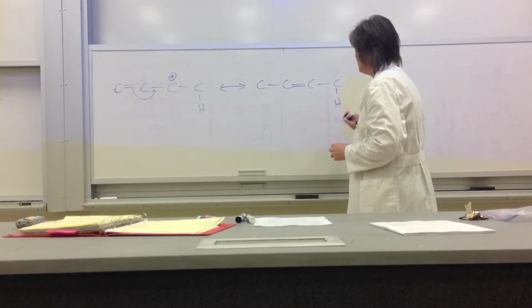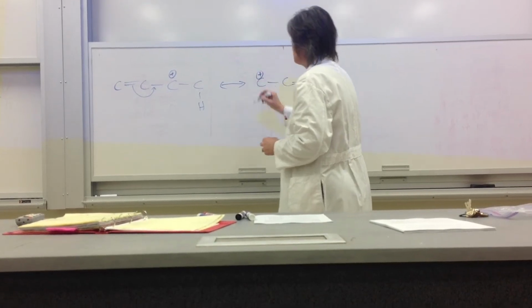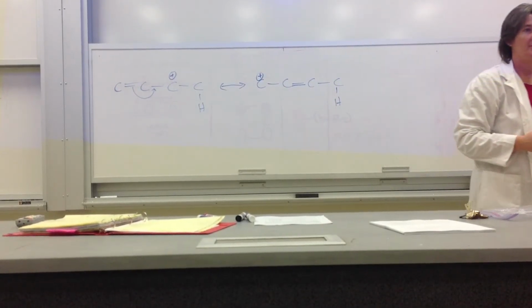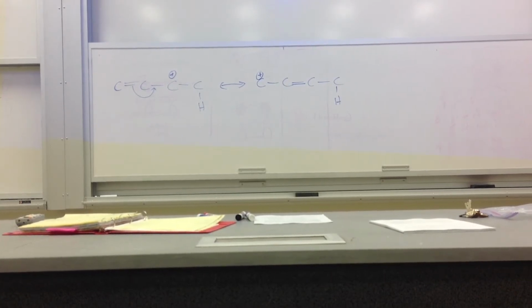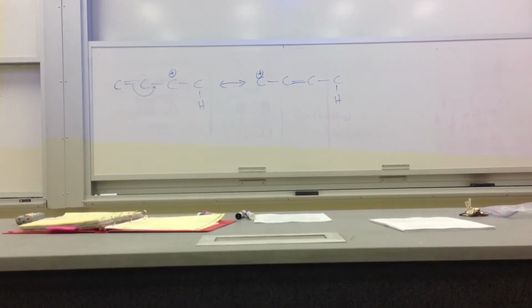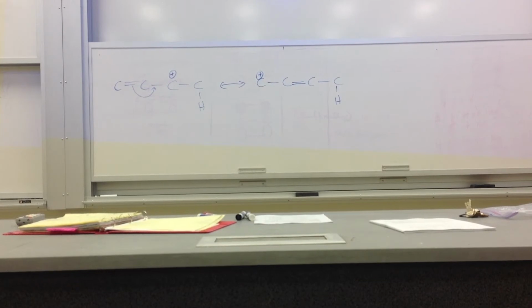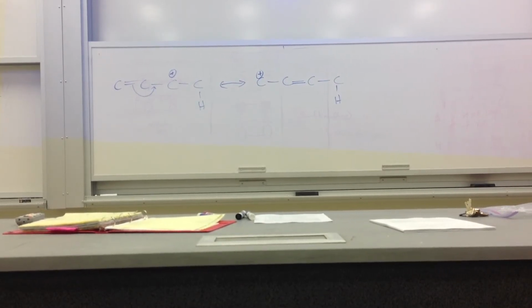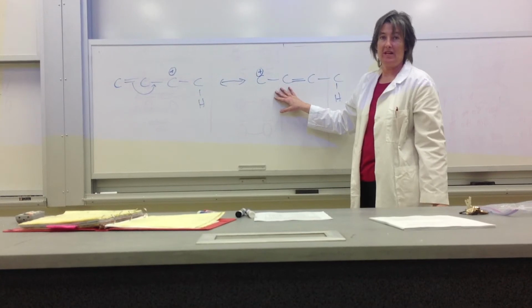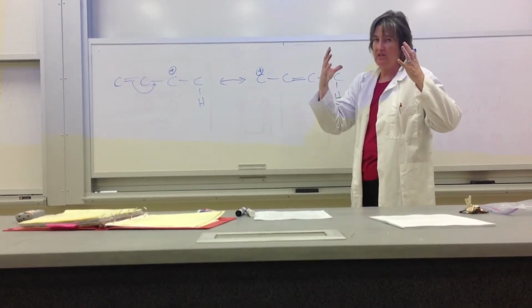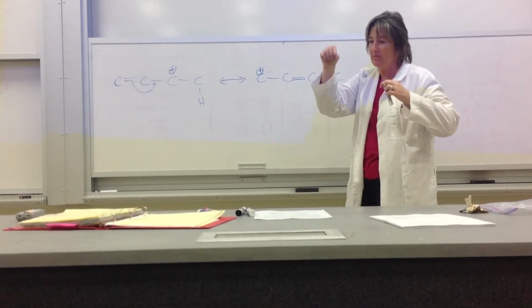Here's my H, and here's my plus. Now remember with resonance structures, it's not going from one to the other, one to the other, right? The actual intermediate is a hybrid of the two. So we're going to use these pictures to explain what's happening because they're just emotionally easier to deal with. I need the plus to be somewhere.